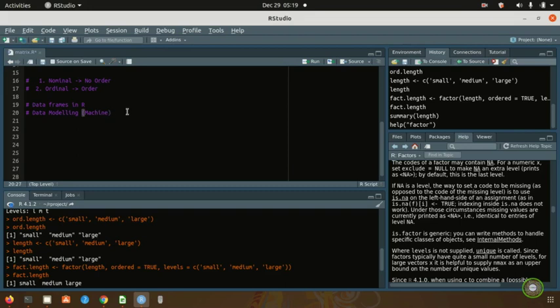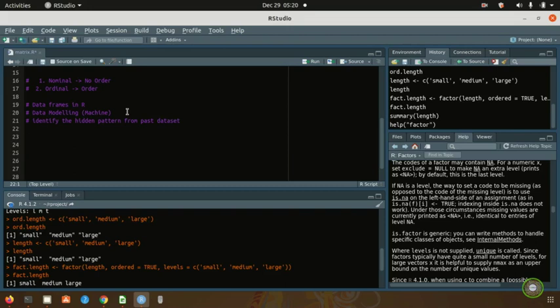Data modeling is, as I said, a machine learning technique to identify the hidden pattern from the historical data set, from the past, say from past user behavior.